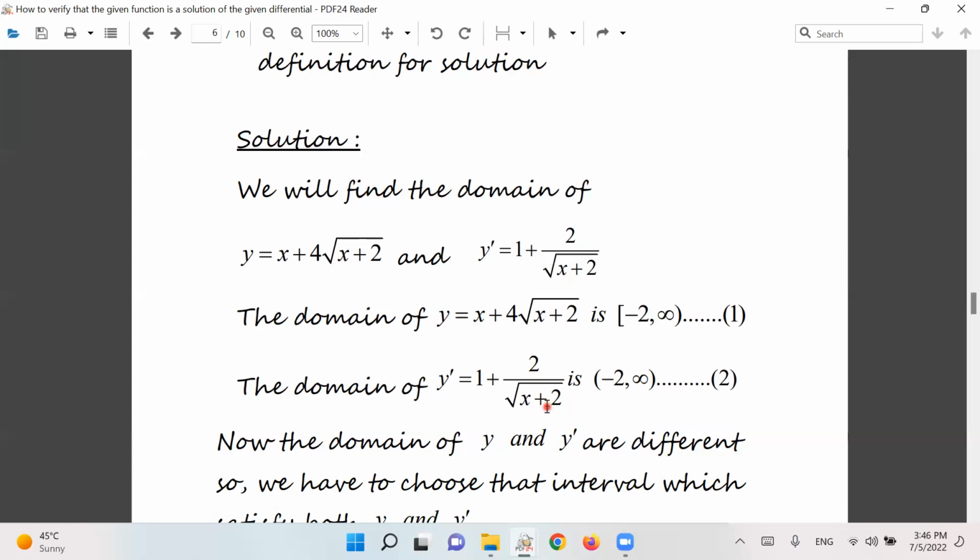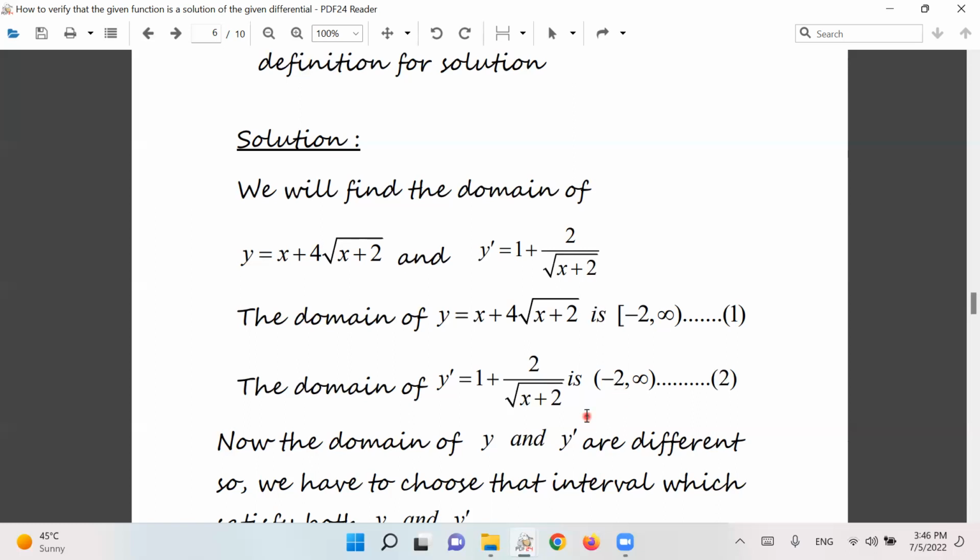So this means that -2 we cannot put, and the lesser values than -2, meaning -3 also, if we put, we will get a complex number, and -4 also. But we can put here -1, 0, 1, 2, 3, any number other than -2.